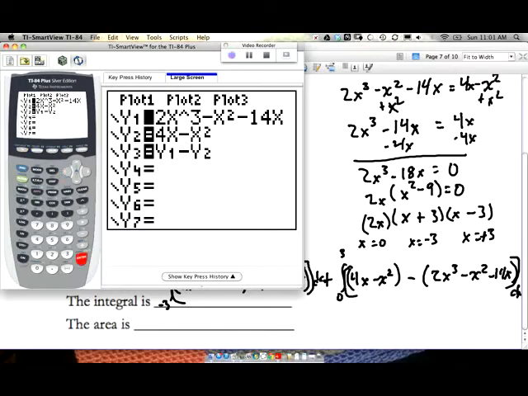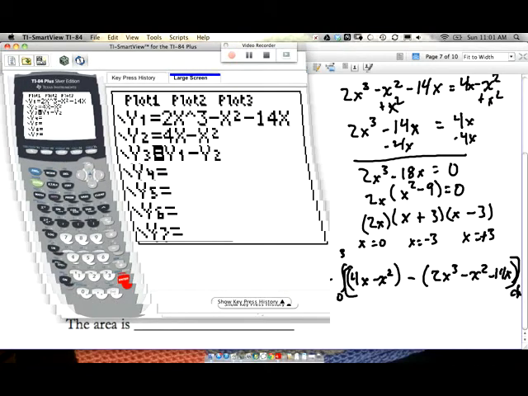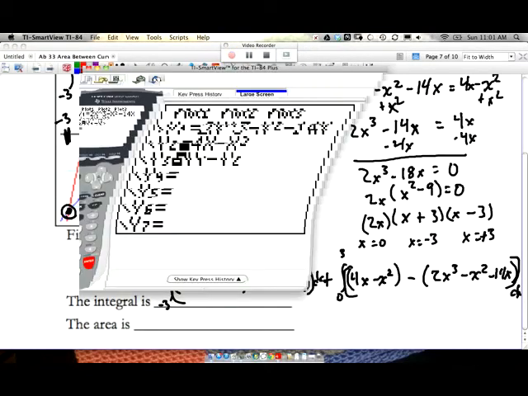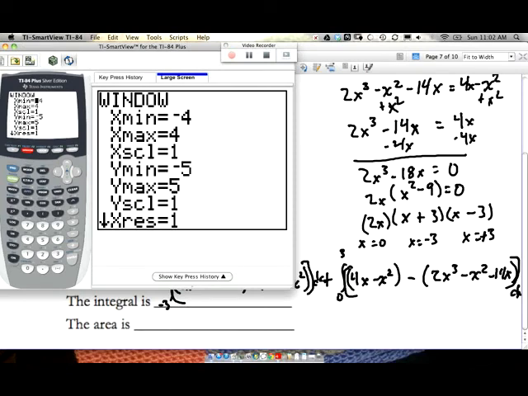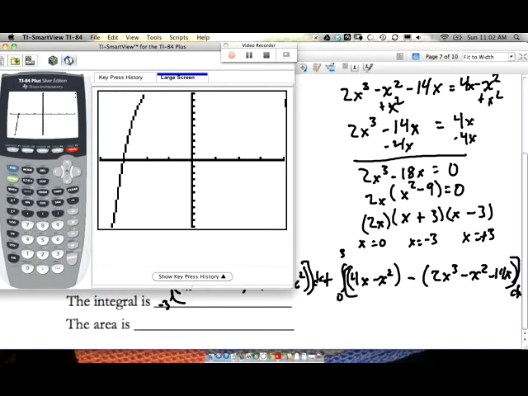We're going to turn off these two first graphs because we don't really need them. We'll go to our graph, and let's take a look at how high does that graph go. It goes all the way up to 20. So for our window, let's change this window from -20 to 20, and we'll count by 2's. Okay, so there's our graph, and that even goes nearly off the screen as well.